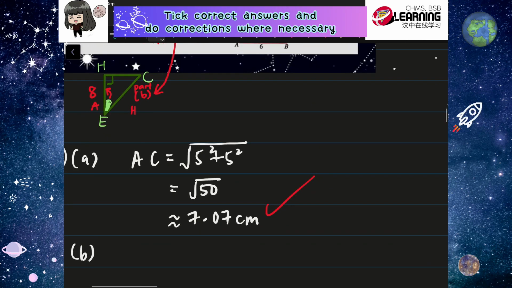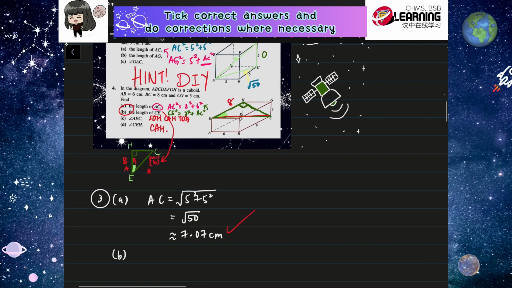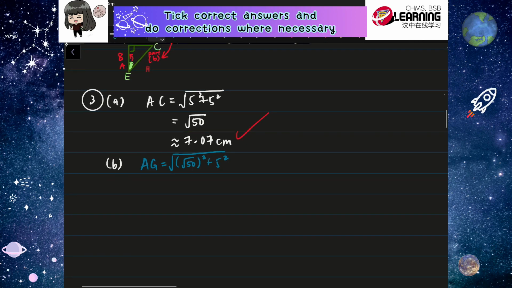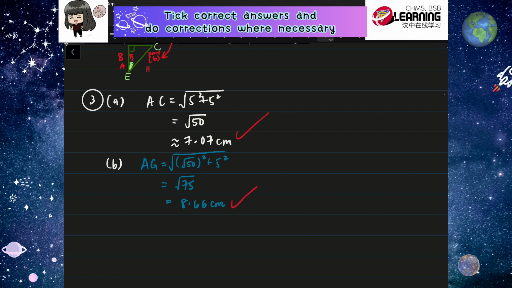This is the one that we haven't rounded off yet. So AG equals square root of (square root of 50) squared plus 5 squared, and you get square root of 75, which equals 8.66 centimeter. Please double check your answer.